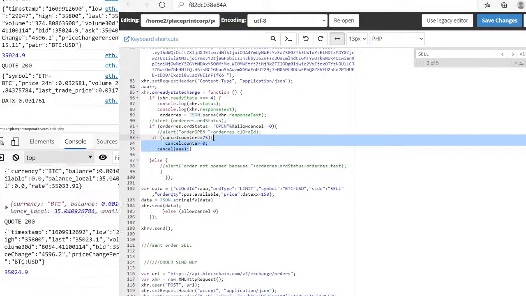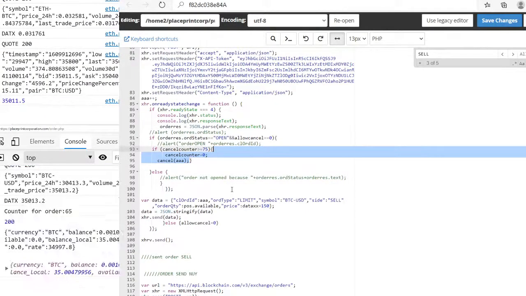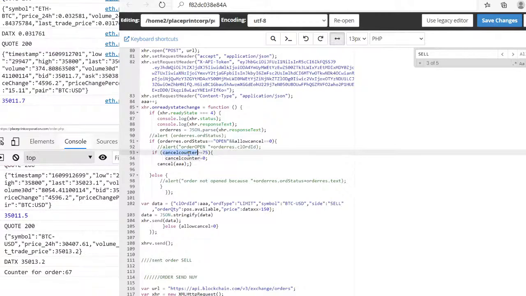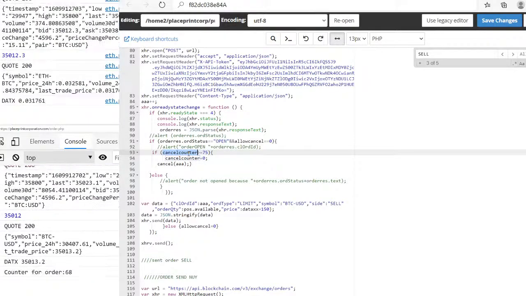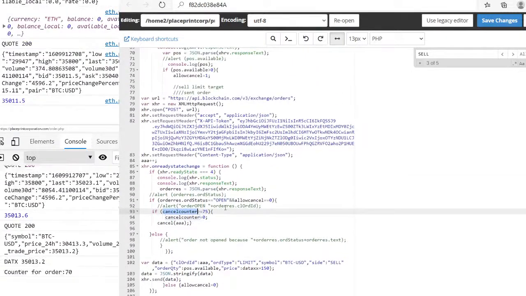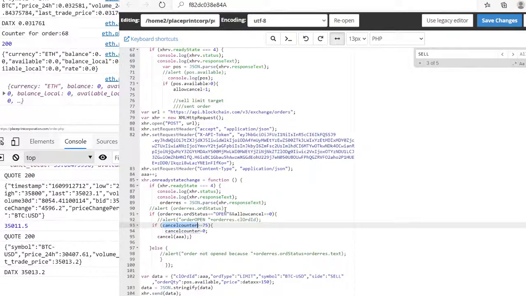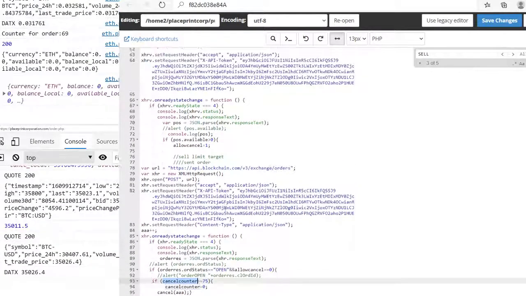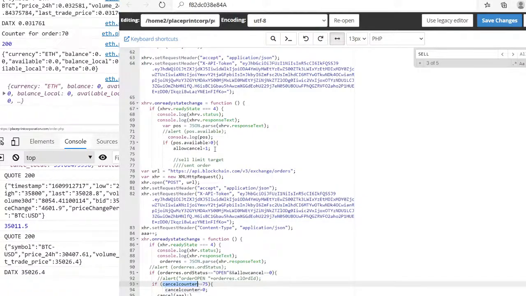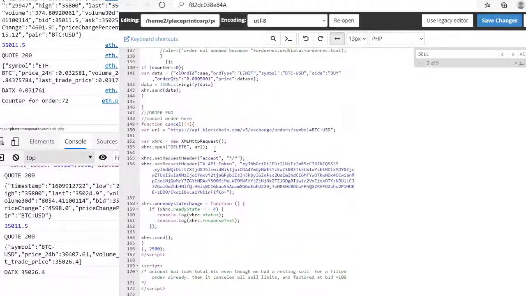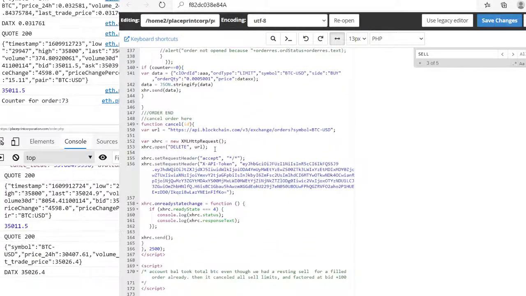Wait a second. What is this about? Cancel counter, what is this? Sell. I mean, I know what it's about, but why is it like that? Allow cancel. Allow cancel.